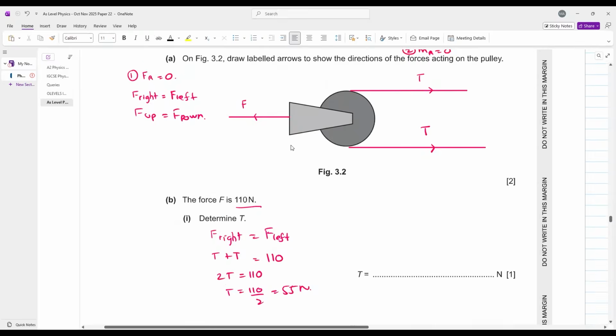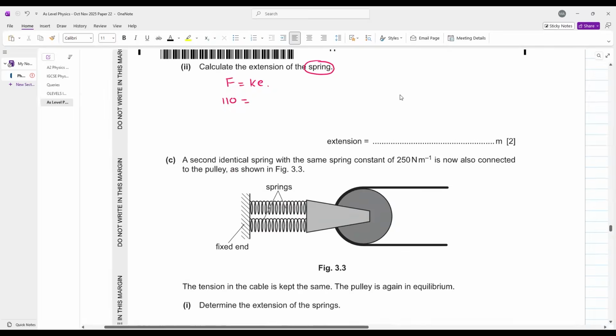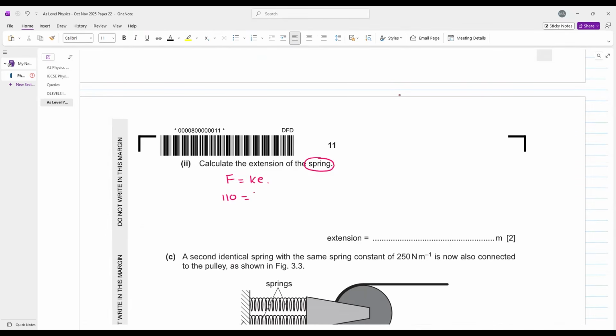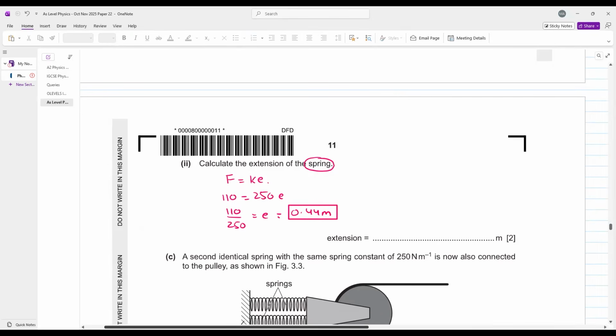Spring constant is 250. Plug it here. Can you calculate the extension? 1110 divided by 250. Extension comes out to be 4.44 meters. Simple as that. Nothing complicated here.